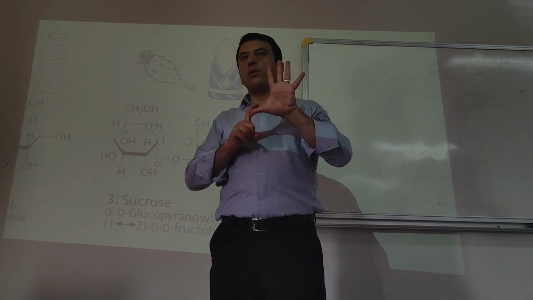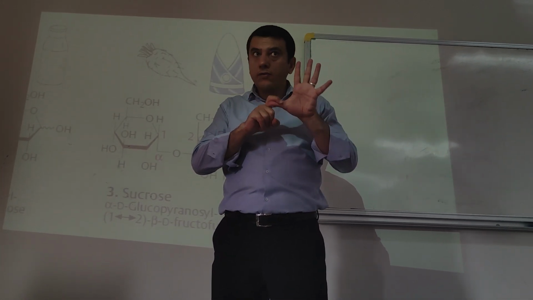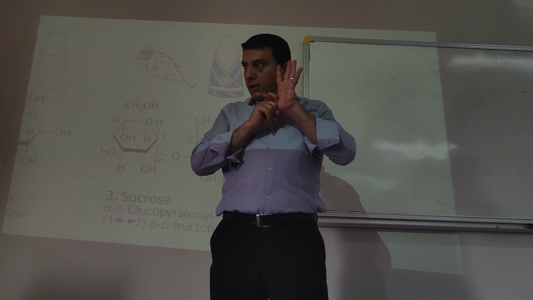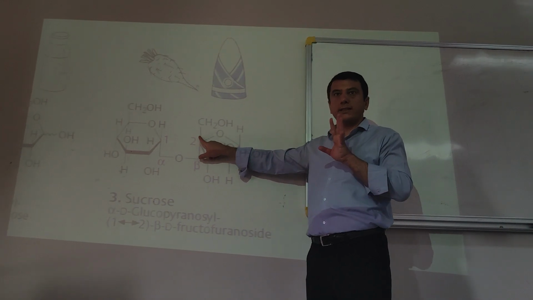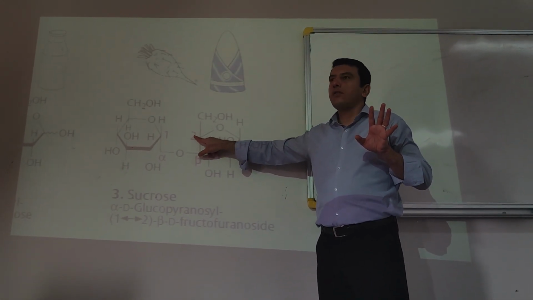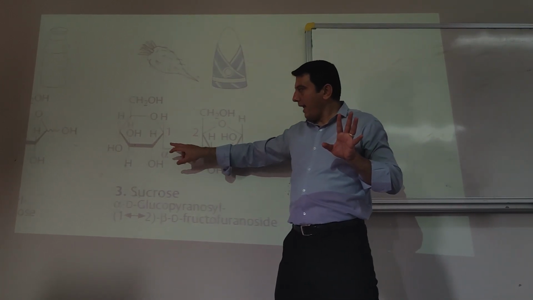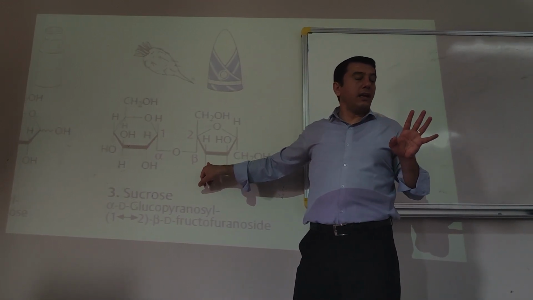Is fructose a ketose or aldose sugar? Fructose, very good. So, the ketone is at the second carbon. As you can see here, the second carbon of fructose is attached to the first carbon in glucose.